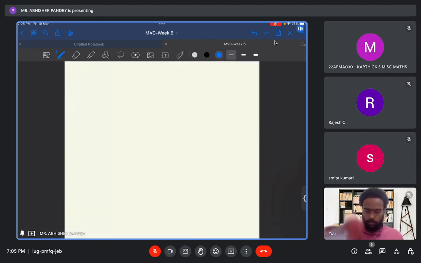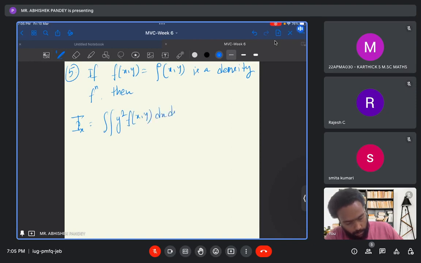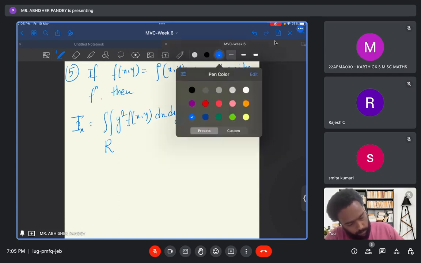Now the fifth thing is related to the moment of inertia. If f of x comma y equals rho of x comma y is a density function, then the integral Ix equals the double integral over R of y square f of x comma y dx dy.